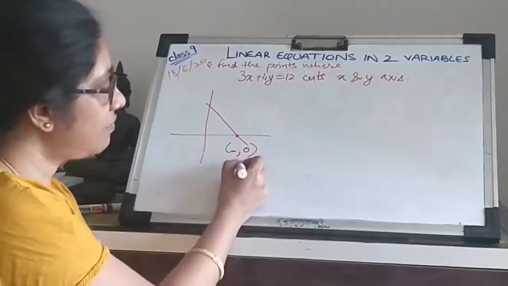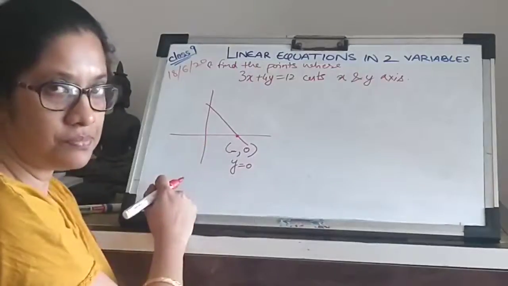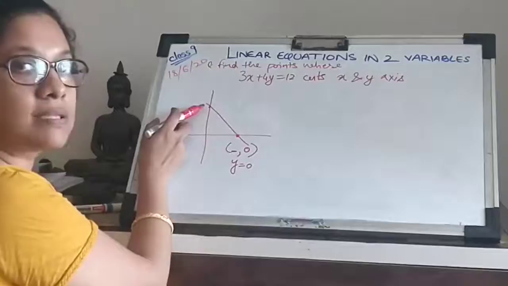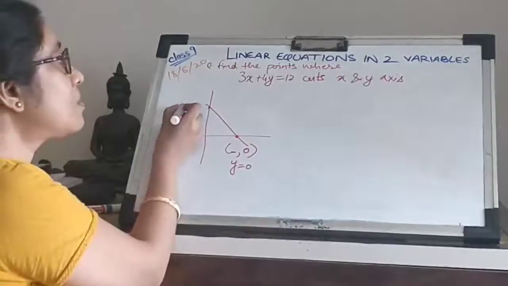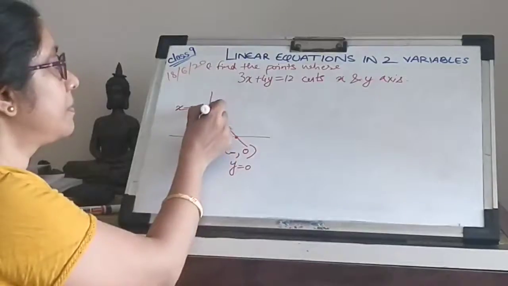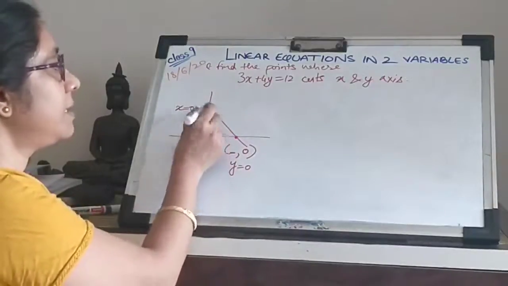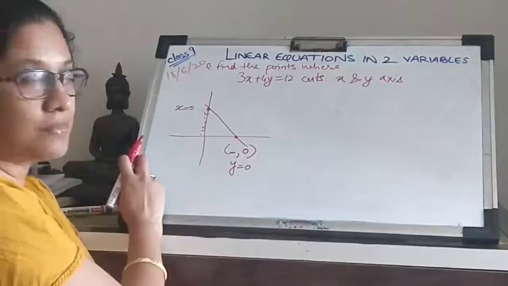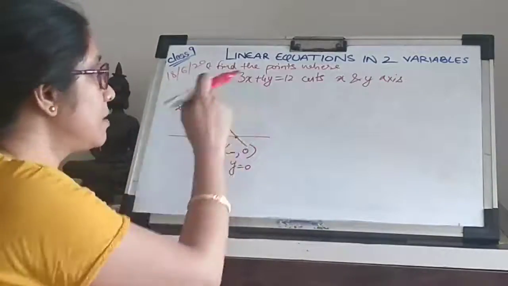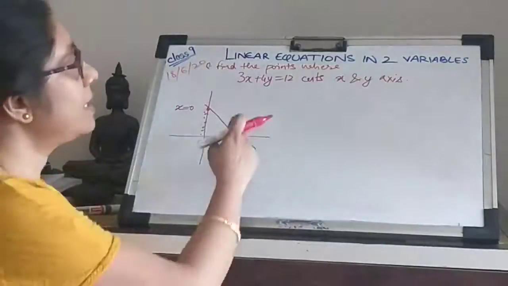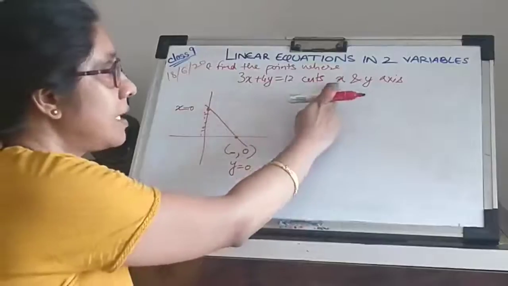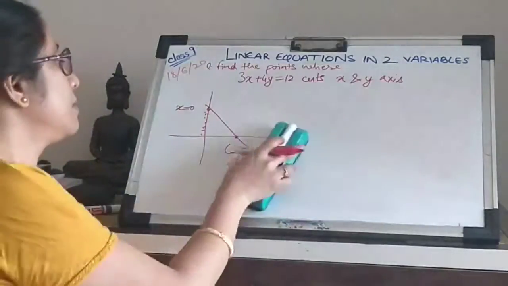That means y is 0. And similarly, any point at which a line intersects the y-axis, x will be 0 and y will have some value. So we'll use this concept to find the points where this equation cuts the x and y axes.